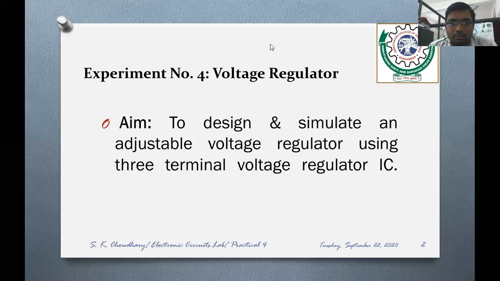Okay. We will continue with practical number 4, voltage regulator. The aim of our practical is to design and simulate an adjustable voltage regulator using a 3-terminal regulator IC. Actually, we have to perform it on the hardware breadboard, so we will also perform it physically, but today we will continue on the simulation.